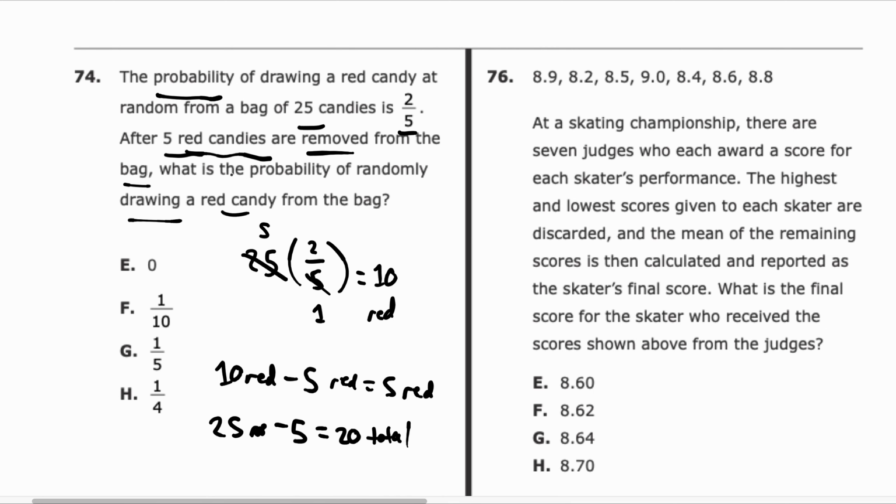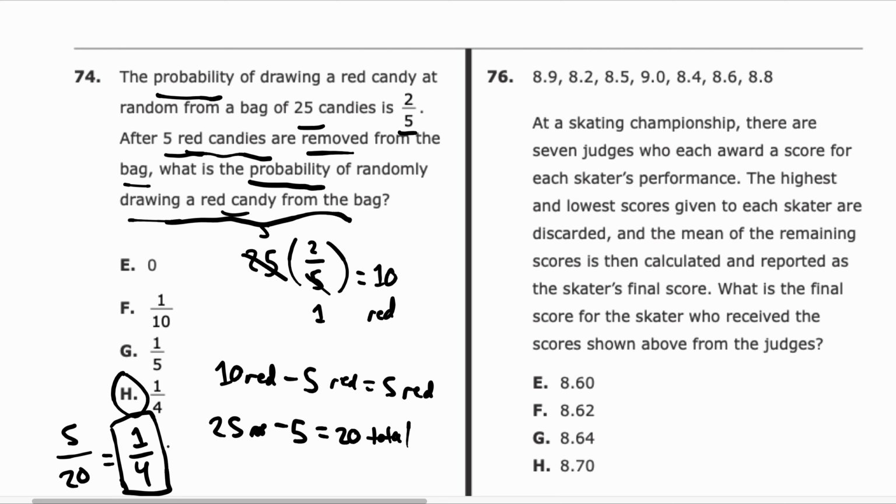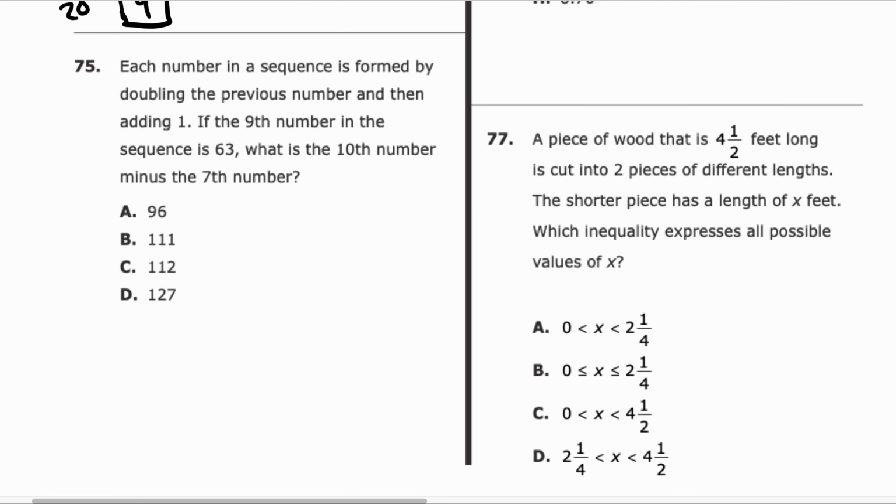Okay. And we're asked what the new probability is of drawing a red candy from the bag. So if we have 5 red candies left and 20 total candies left, then the probability of drawing a red now becomes 1 over 4. So that would be H. Okay.